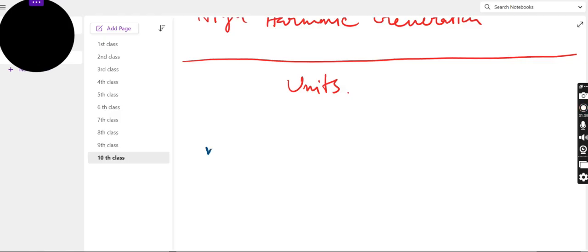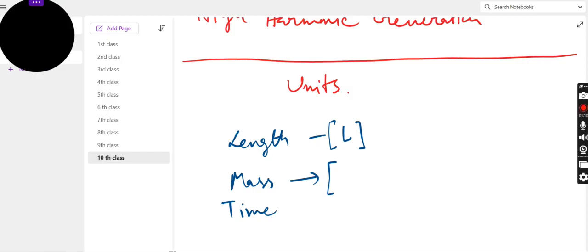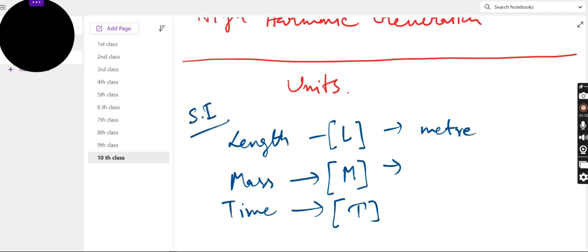We know length, which is measured in meters and defined as L. Then mass, and time. So length, mass, and time are the basic dimensions. In SI, that is meter, kg, and second.